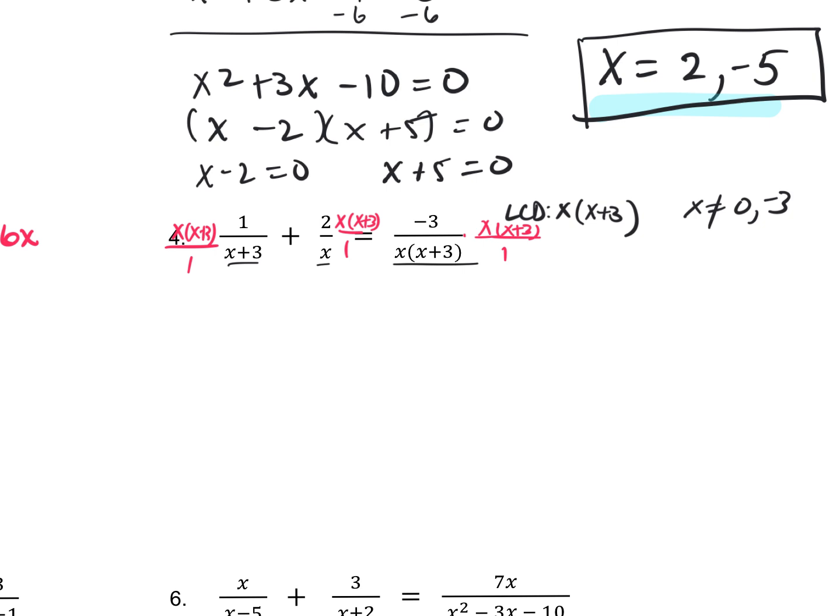I know that the x plus 3 reduces, so I have just an x. I know that this x reduces with this, so I have a plus 2 times x plus 3. And x and x cancel, and x plus 3 and this x plus 3, so all I have left over here is a negative 3. So now let's just solve for x by distributing.